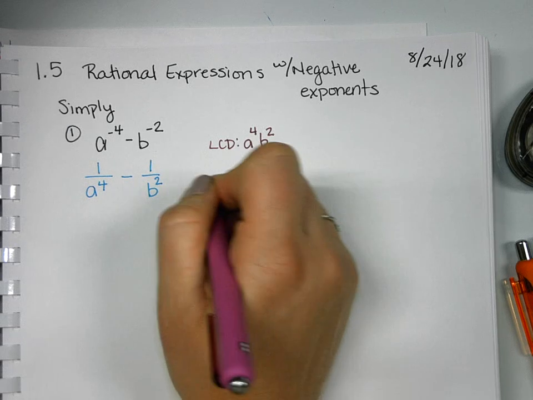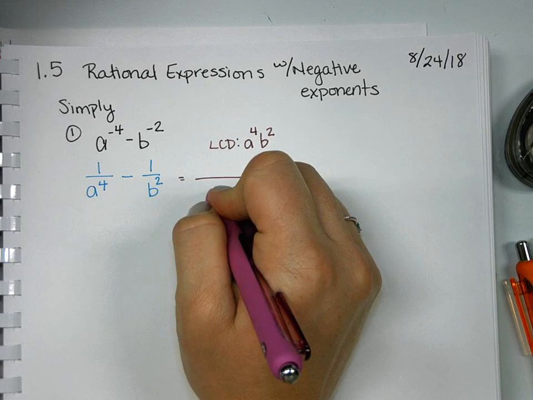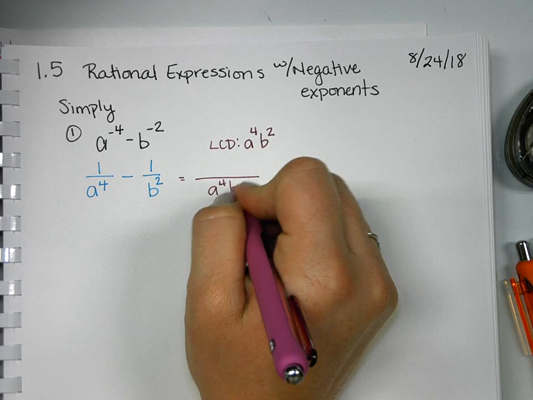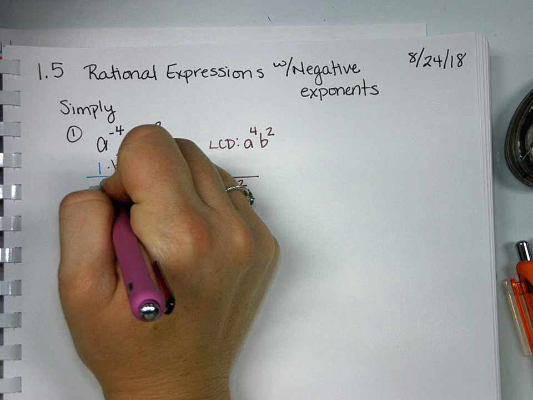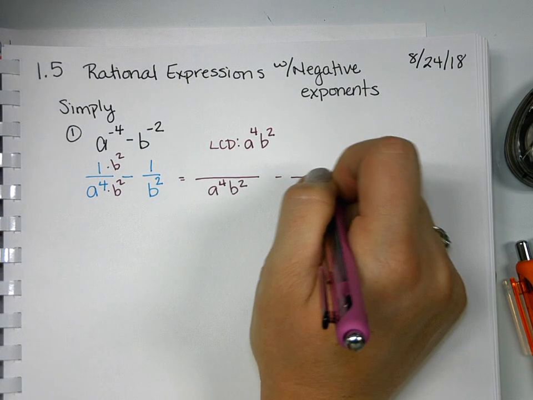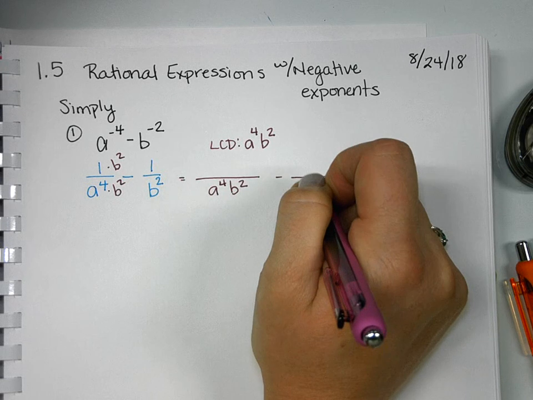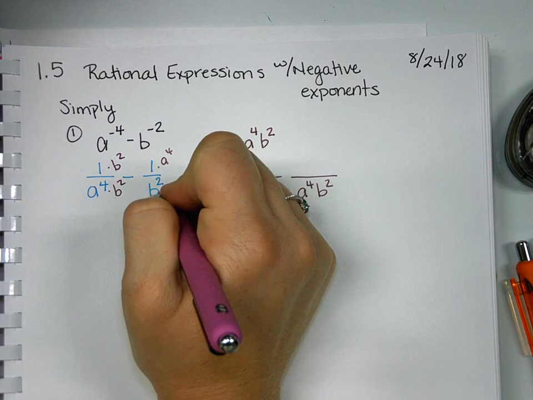So to make a to the 4th into a to the 4th b squared, I have to multiply top and bottom of this fraction by b squared. To turn b squared into a to the 4th b squared, I have to multiply top and bottom by a to the 4th.